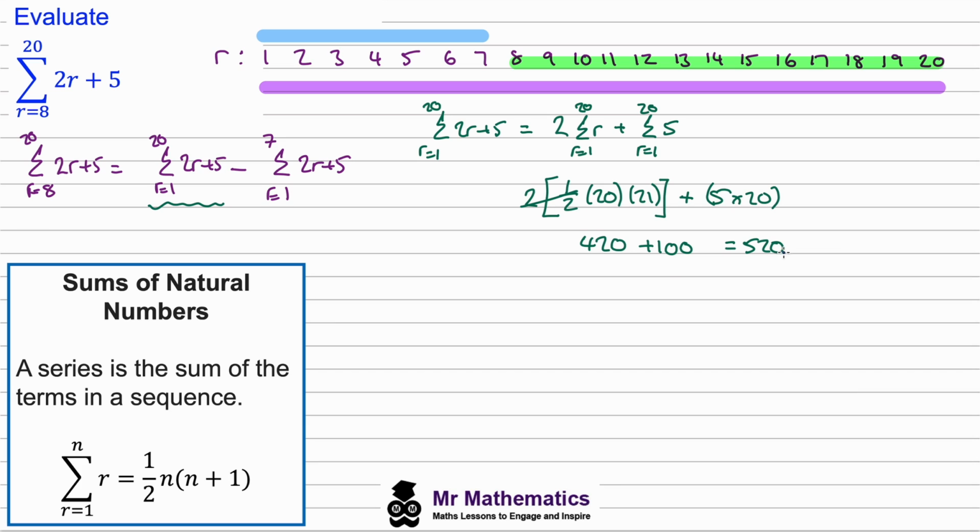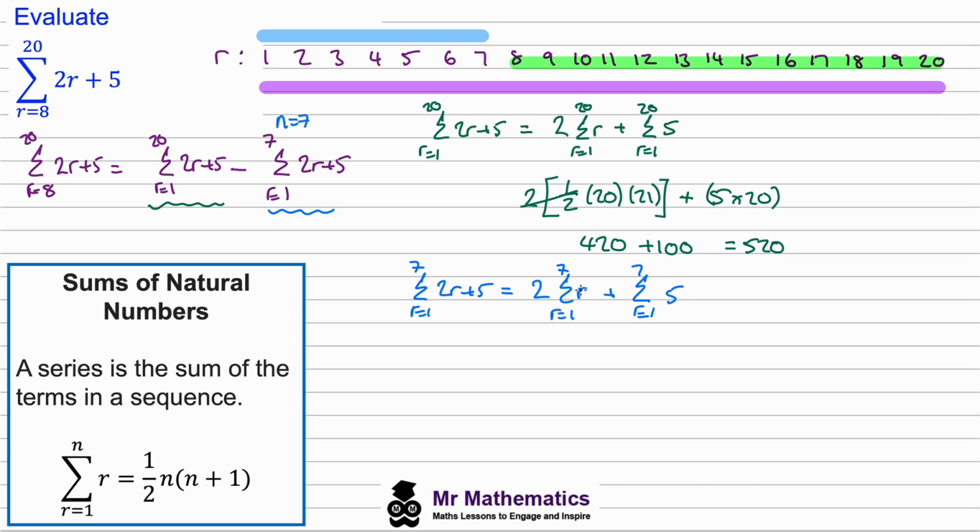And if we now look at our second summation, this is when n equals 7. So the sum between r equals 1 to 7 of 2r plus 5 is equal to 2 multiplied by the sum of r between r equals 1 to 7 plus the sum between r equals 1 to 7 of 5.